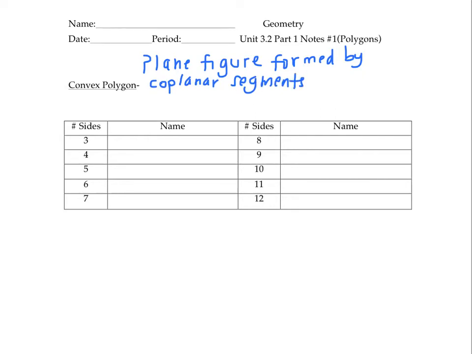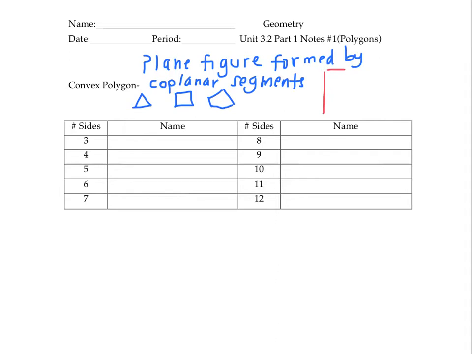And more in terms that are easier to understand, basically the figures that you think of in geometry, like a triangle or a quadrilateral or even a pentagon, would be convex polygons, as long as none of the vertices is within the interior.